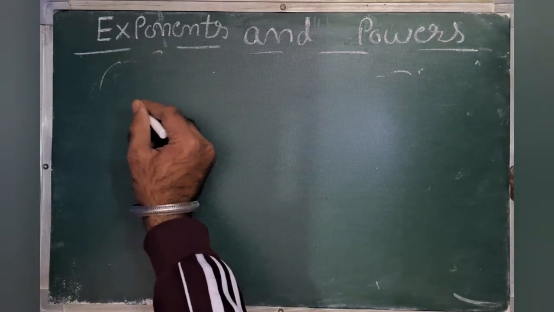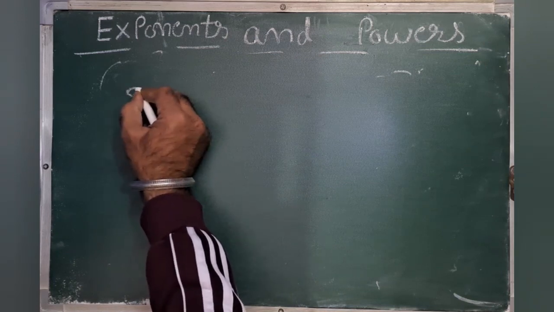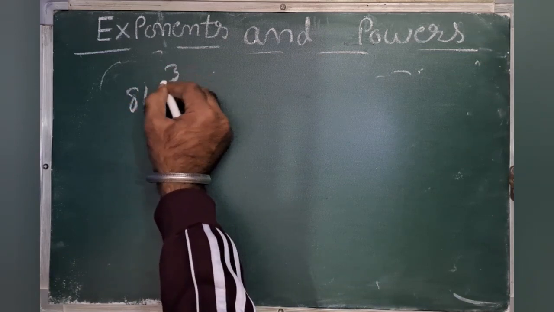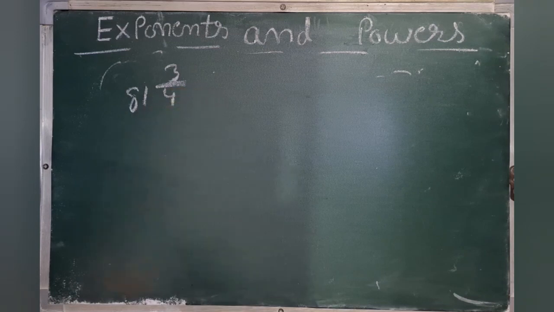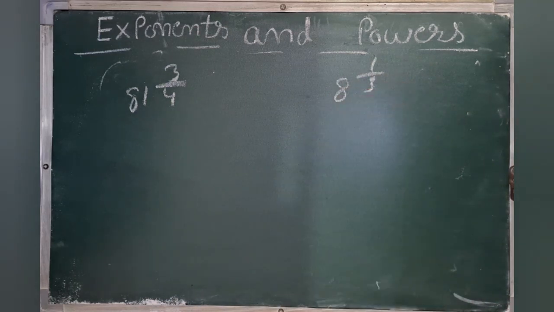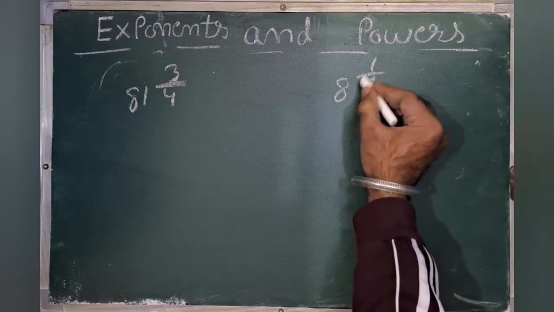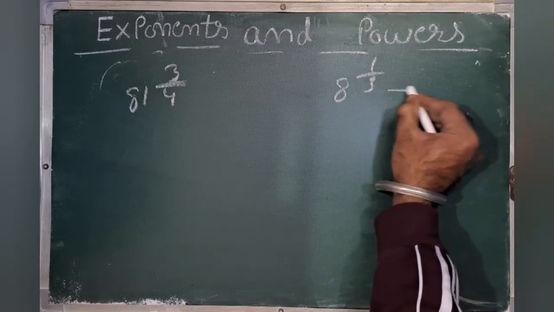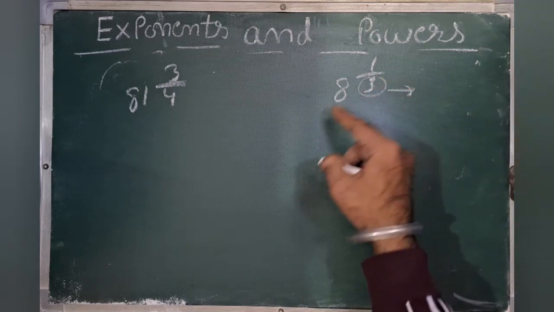Like if I write 81 power 3 by 4, right? Otherwise, here if I write 8 power 1 by 3, what do we have to find? In the first method, we have to find the third root of 8.